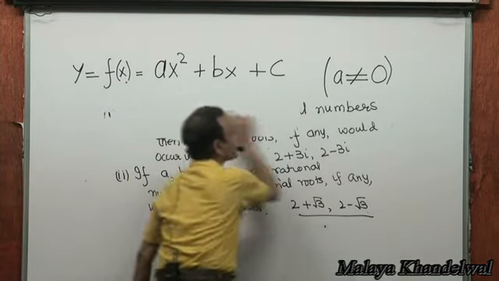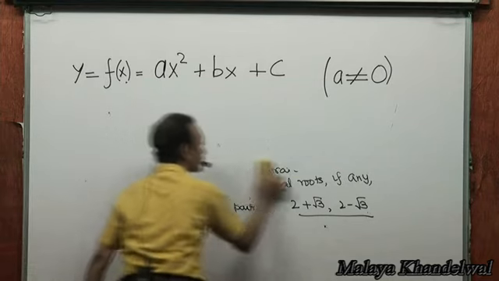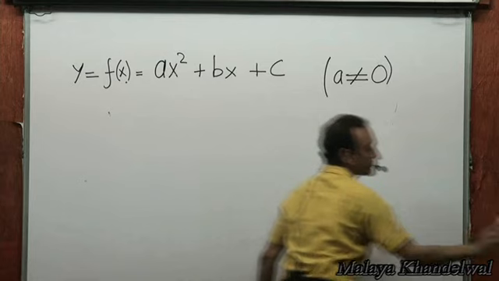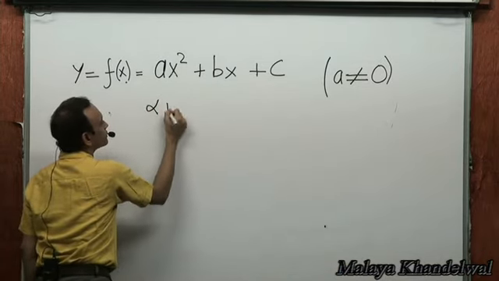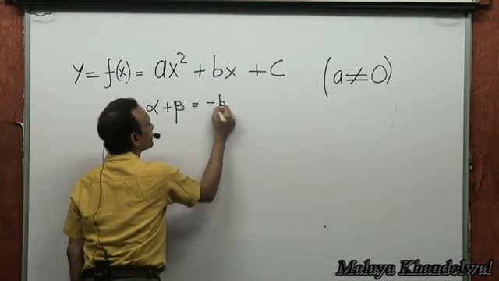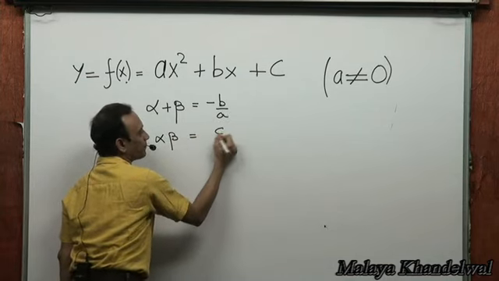Also, check to see that the sum of the roots of this quadratic is minus b by a, and the product of the roots, as we figured out, is c by a, right?